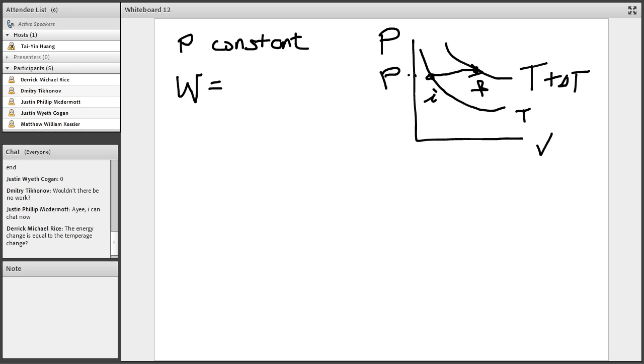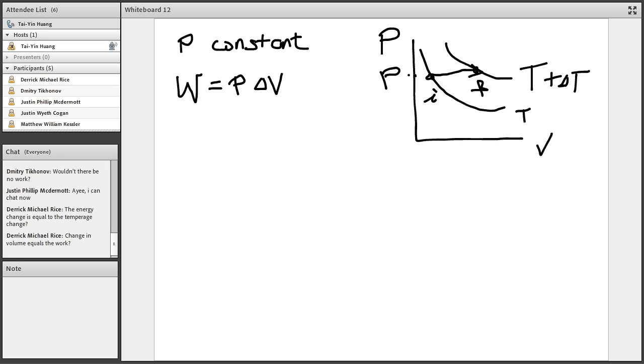Your pressure now is constant. What is defined as PdV? Now your pressure is constant, so you can move your P outside the integral. So the amount of work would just be pressure times the change in volume, P delta V. This is the amount of work that's being done by the gas.